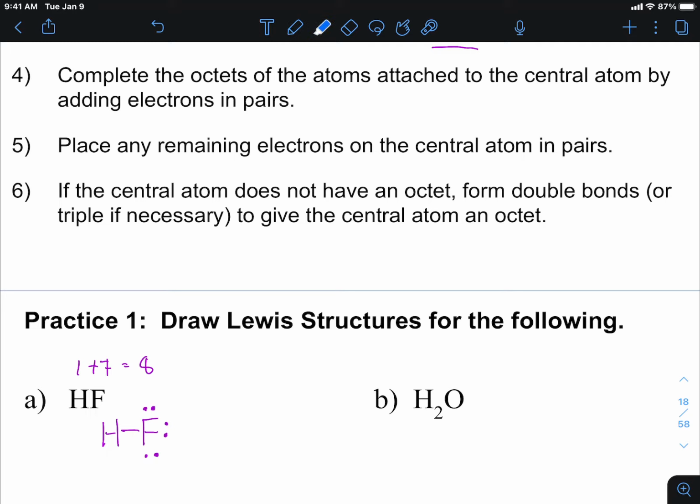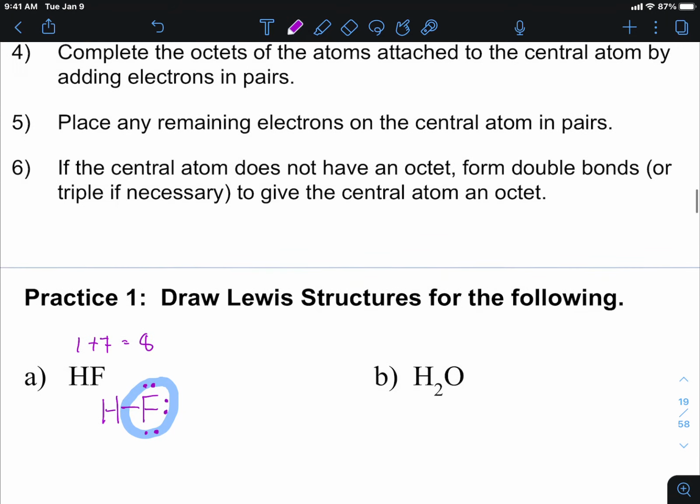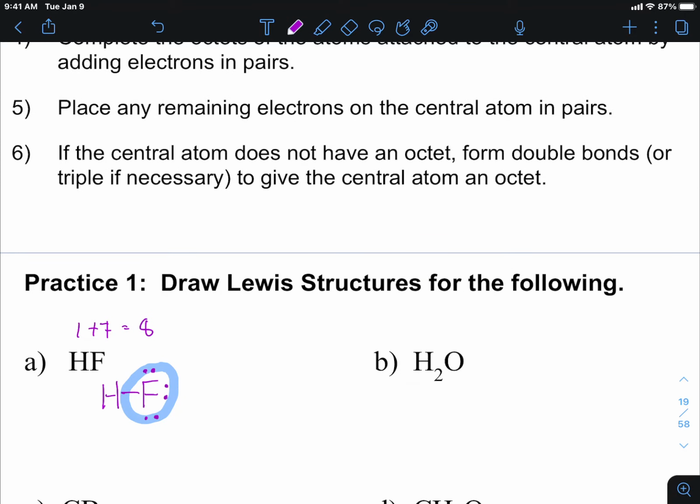Does fluorine have 8 electrons around it? It does. It's got 6 lone pair electrons, but it also has the bond, and the bond is the last 2. So that's 8 electrons around fluorine. Hydrogen does not, because hydrogen is an exception. Hydrogen only has a 1s subshell.